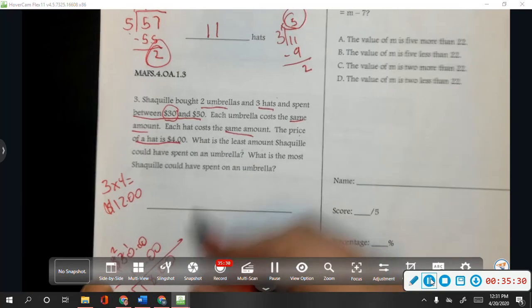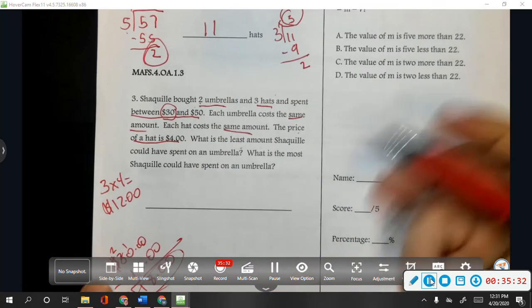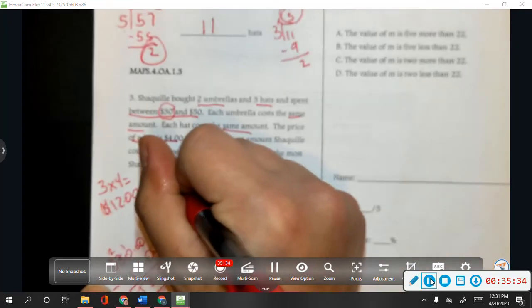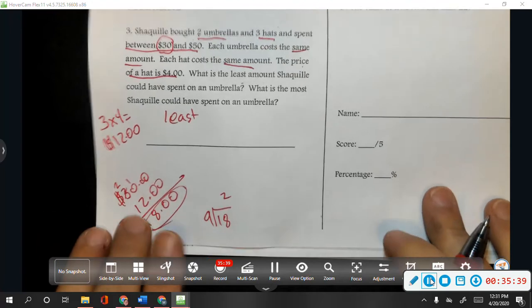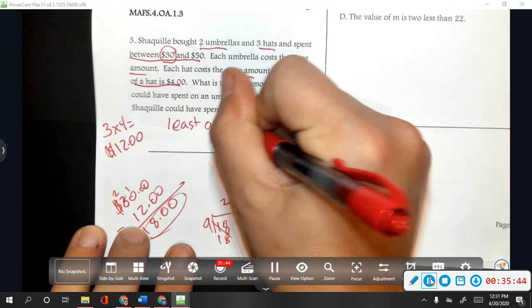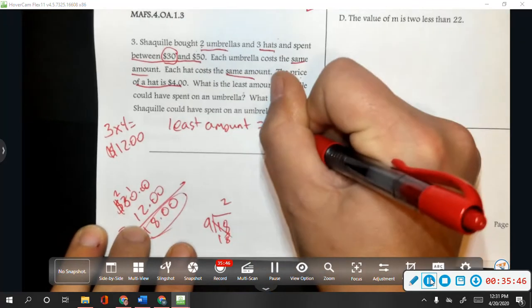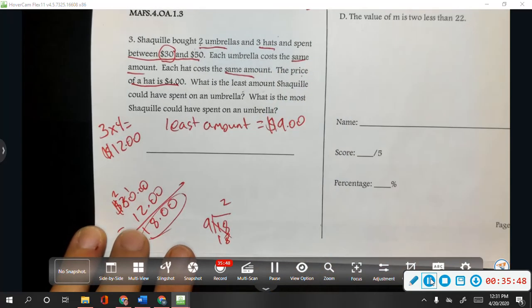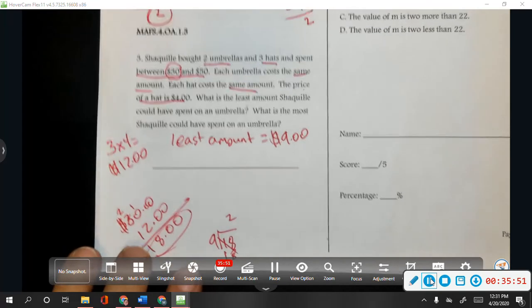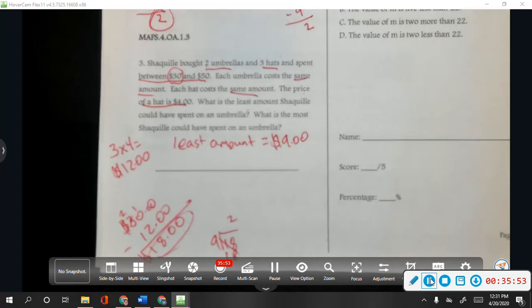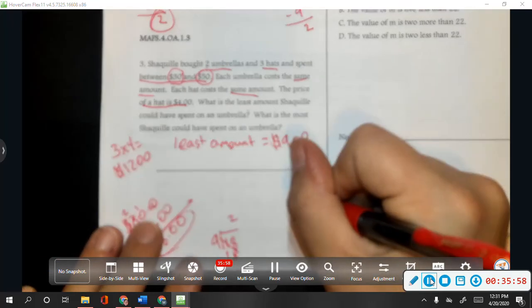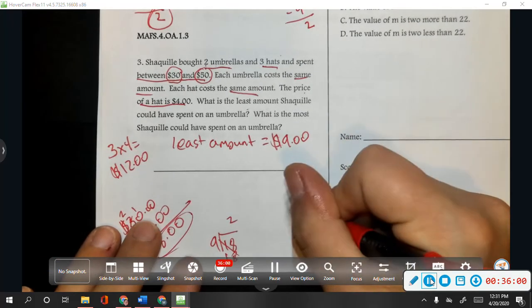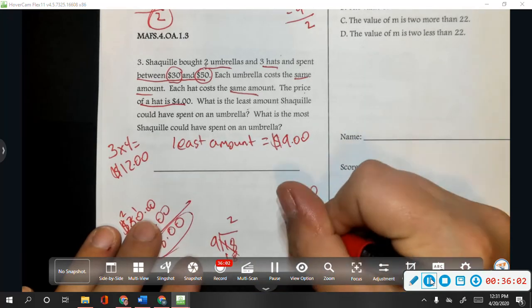So if we had 2 umbrellas and we had $18, the least amount would be 18 divided by 2, which is $9. For the most amount, we would have to take our $50 and subtract the $12 we spent on our hats.